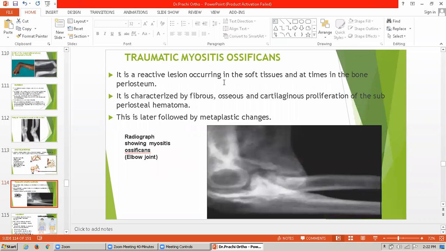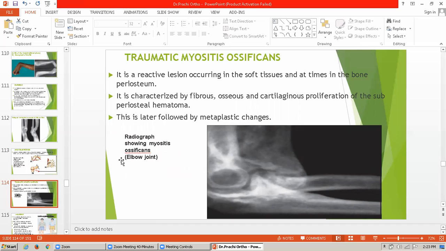Then traumatic myositis ossificans. It is a reactive lesion occurring in soft tissue and at times in the bone periosteum.